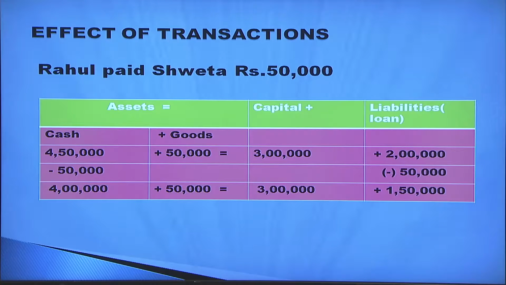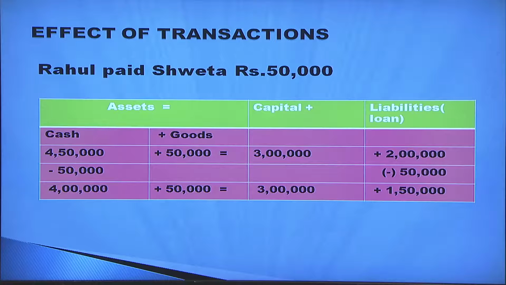Rahul paid Shweta rupees 50,000. Rahul has taken loan. So, loan of rupees 50,000 is paid. So, what is going from the business? Cash is going from the business. That is minus 50,000. Loan has been reduced by rupees 50,000.